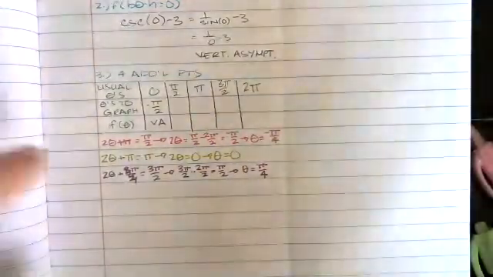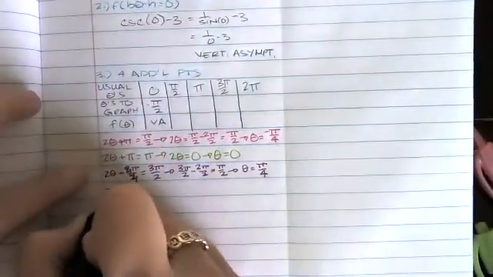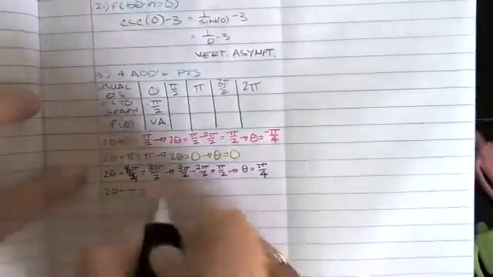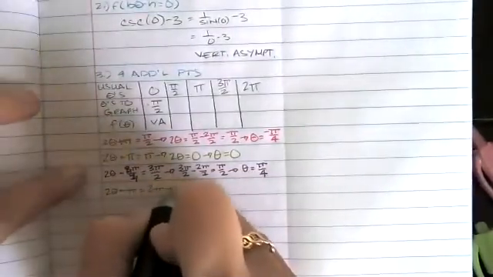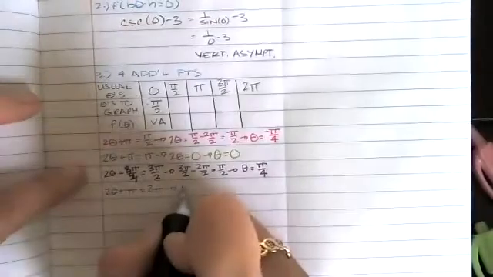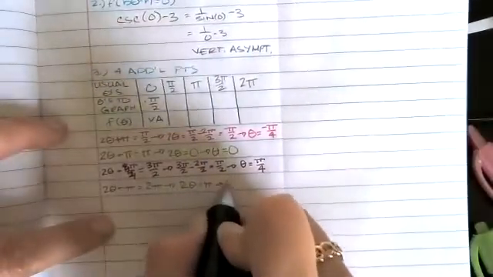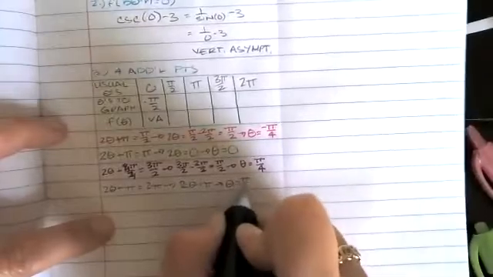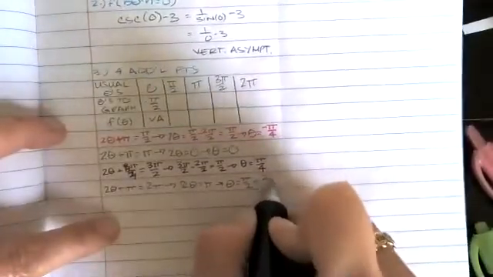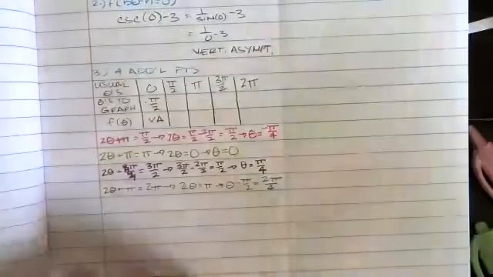All right, so 2 theta plus pi equals 2 pi. And when we subtract this, we get that 2 theta equals pi. And that gets us that theta equals pi over 2, which I'm going to convert to 2 pi over 4.